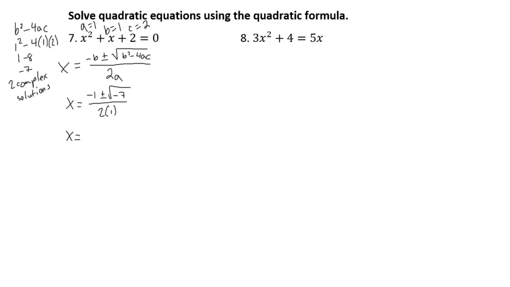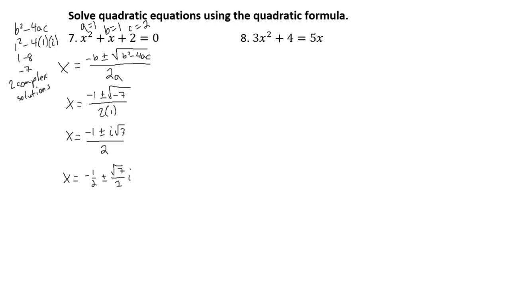So that's x equals negative 1 plus or minus i root 7 all over 2. Now, if you don't need to write in a plus bi form, you can leave it like that. But if you need to put it in a plus bi form, it would be negative 1 half plus or minus square root of 7 over 2 i. And you could write that as 2 separate ones or just one big one.